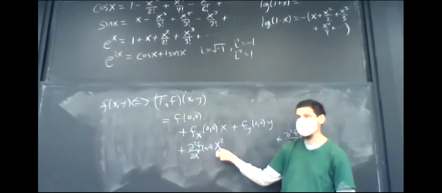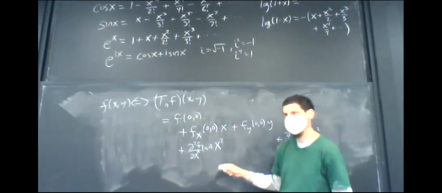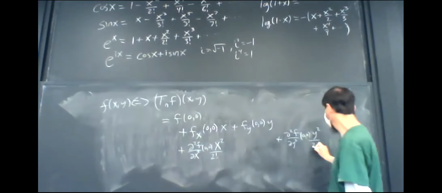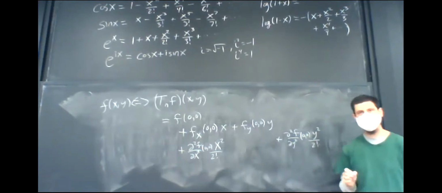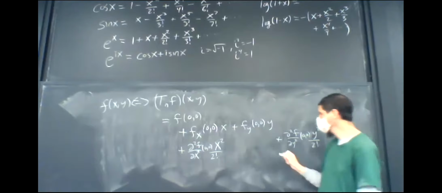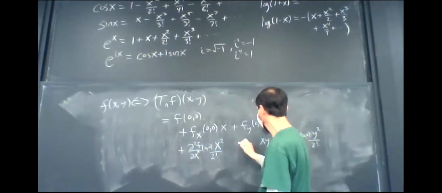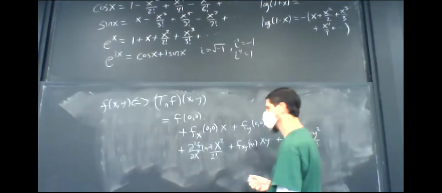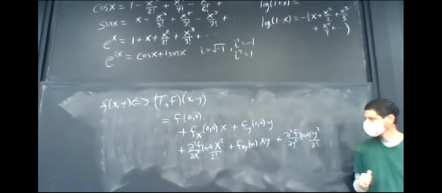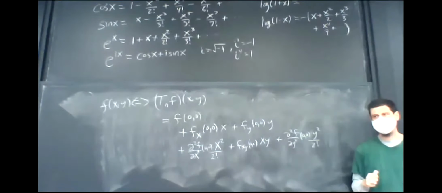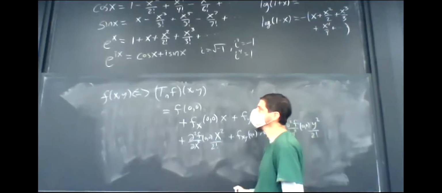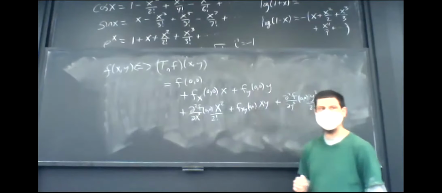So what do I need to divide this by? I have to divide this by 2 factorial to make the derivatives match up. And then I have my xy term, and it will be fxy at 0, 0. And I don't need a 2 factorial down there. And you can just continue to higher and higher degrees.